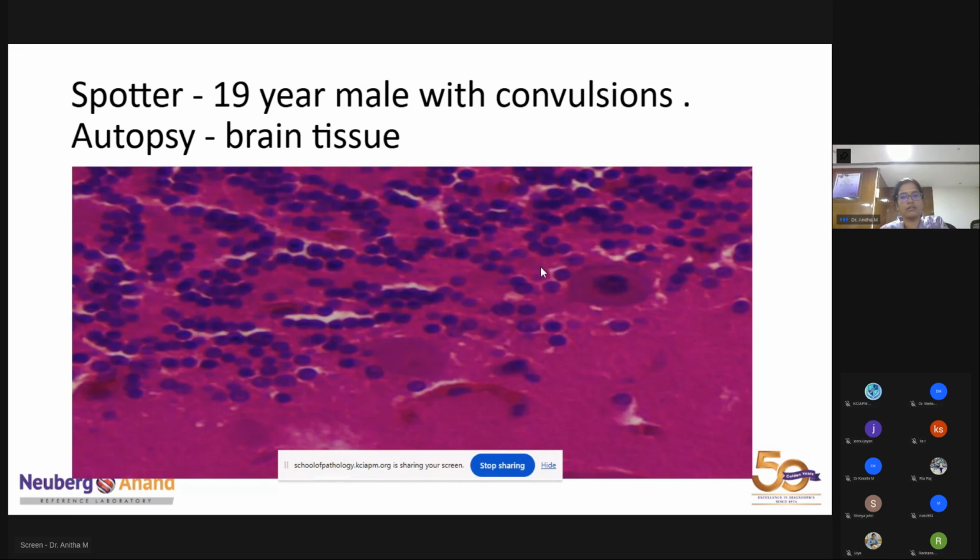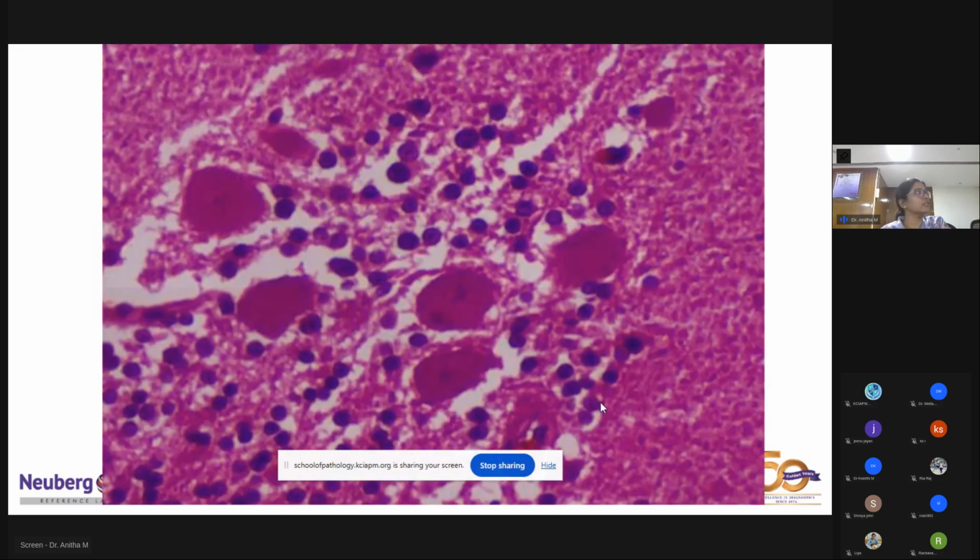Good. Can you identify what cells these are? Okay.